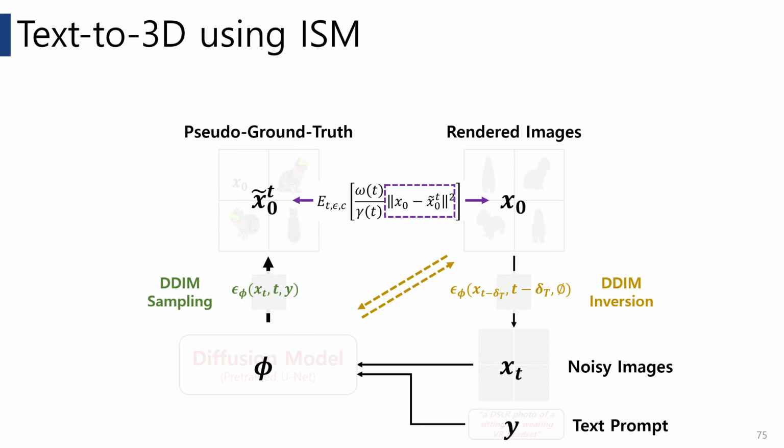This can also be interpreted as the difference between images rather than noise, by expanding the equations in the same way as before. In this case, it represents the difference between the rendered image x0 and the pseudo-GT x tilde 0 obtained through the multi-step noising and denoising process.